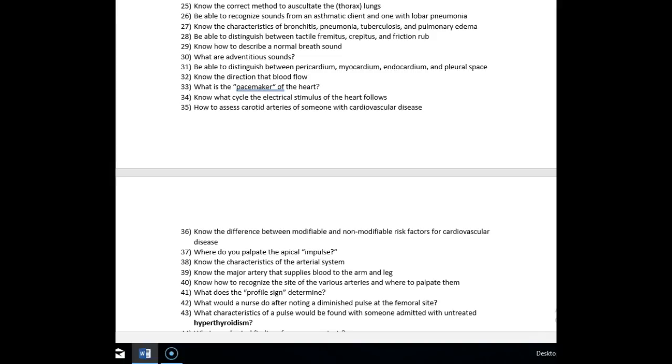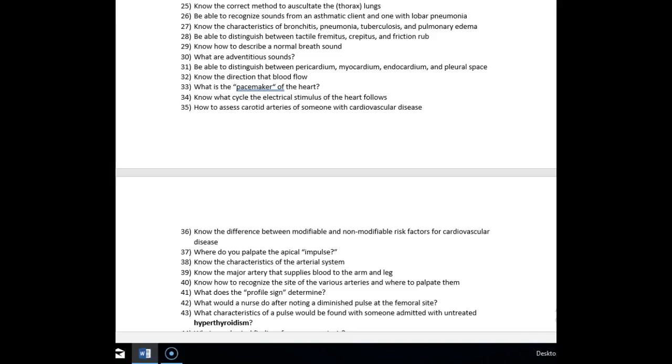Of course, you'd also compromise the person's circulation, and especially you don't want that if it's narrowed by atherosclerosis already. So basically that's what you do. You're listening for the bruit, and you're going to auscultate using the bell.